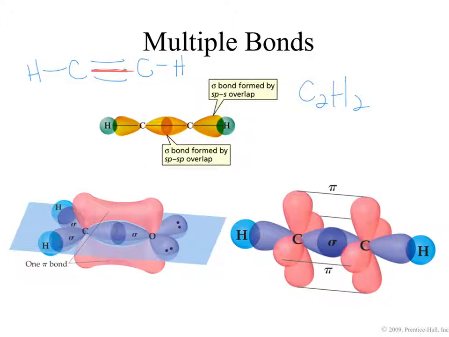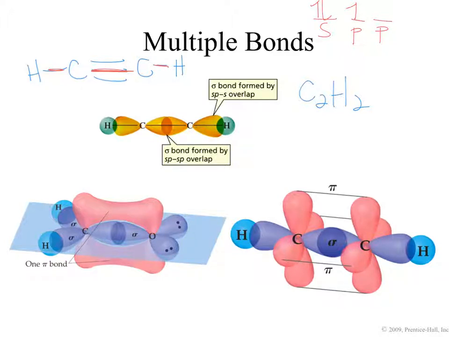So in this case, sp hybridization implies a linear geometry. Carbon had 2 s electrons and 2 p electrons.